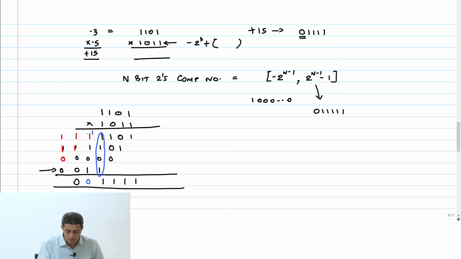And the carry will go where? Here. Now what do I get here? 1 plus 1? 0. I get a carry of 1 here. Now again I get 4 ones. So I get 0.